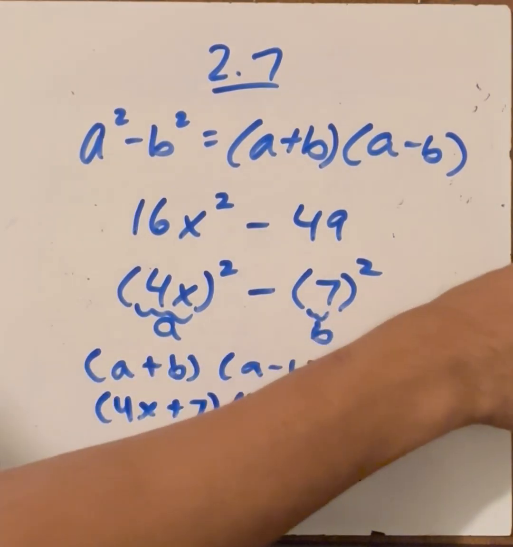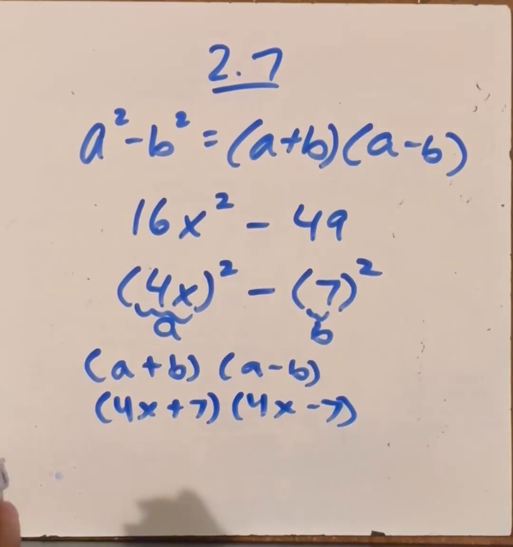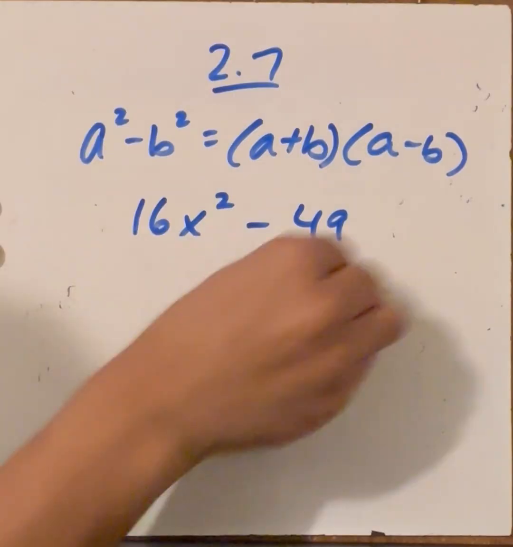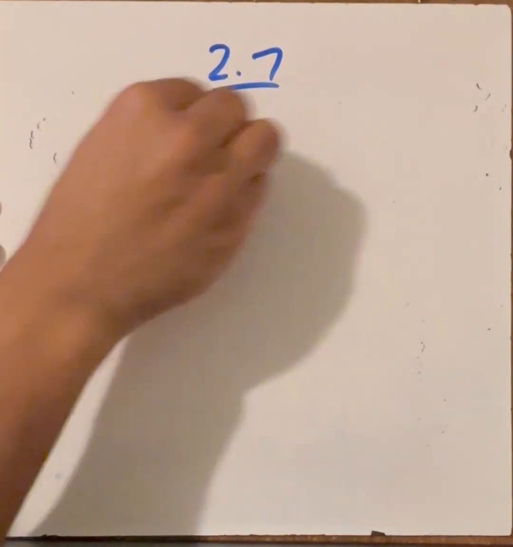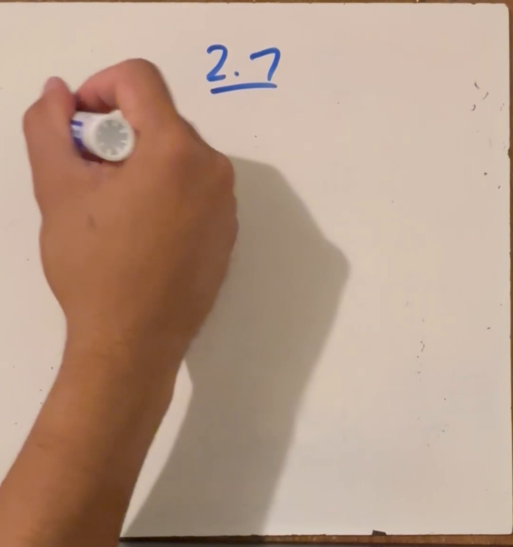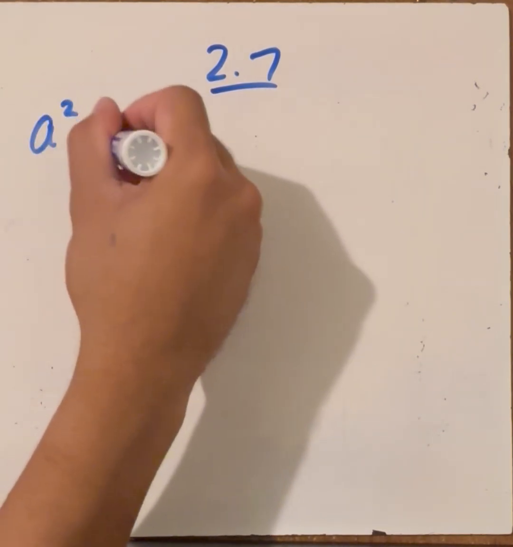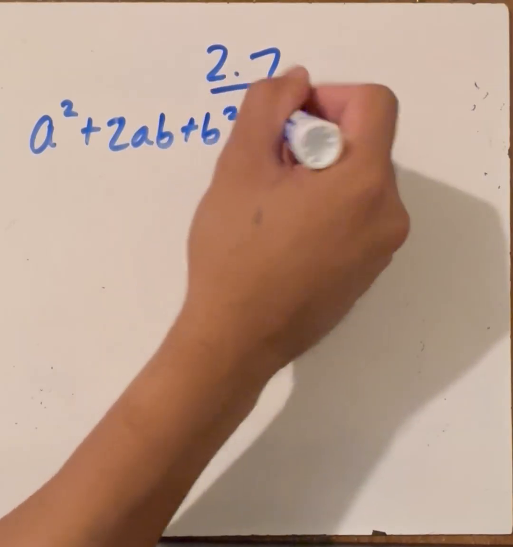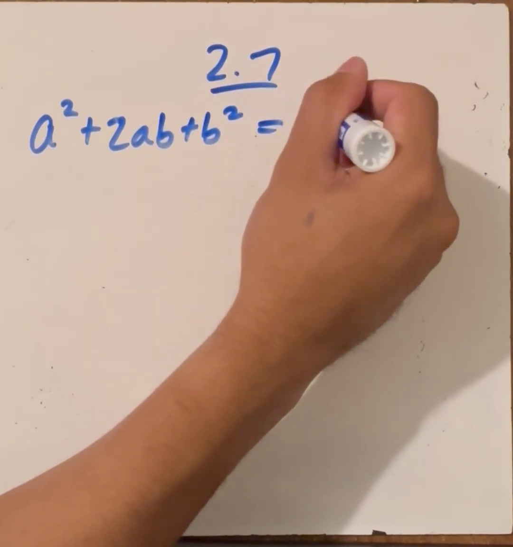All right. Let's go and take a look at something similar. We also talked about the rule that says a squared plus 2ab plus b squared, and this would be of the form a plus b squared.